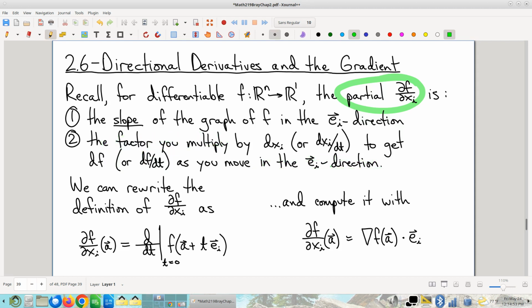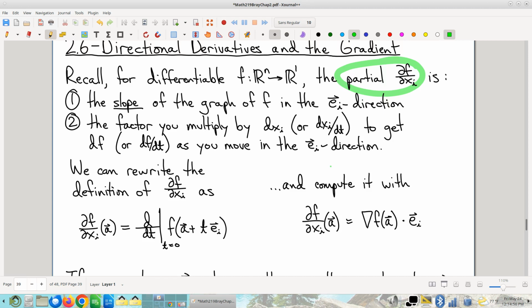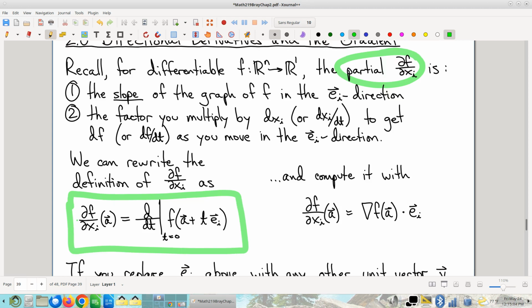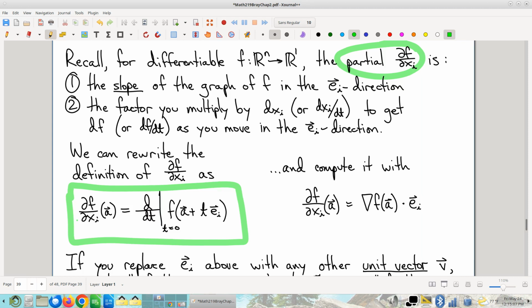And now a couple of quickie references. These are exercises for you to think through. This one anyway is an exercise for you to think through on your own. This is, in fact, just a different way to say how we defined partial derivative in the first place. And again, this is a good exercise, but notice this describes motion in the e_i direction. If you're moving just in the direction of one of the variables, then the other variables are staying constant, as they're supposed to when you're taking a partial derivative.